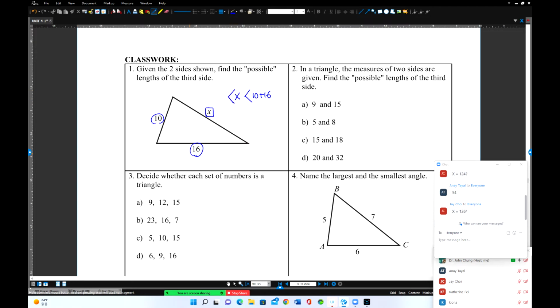But it must be greater than the difference of the two sides. 16 minus 10 is 6. Any number between these two is possible. X is greater than 6 but less than 26. That's the formula. You can choose any number, such as 7, 10, or 25. Any number is okay, just satisfy this inequality.